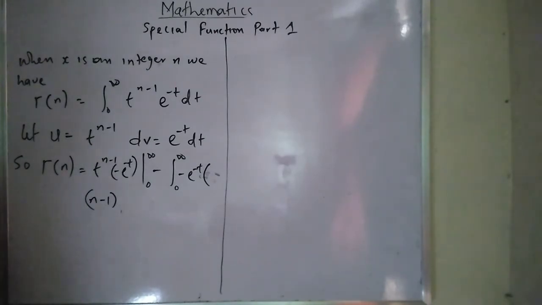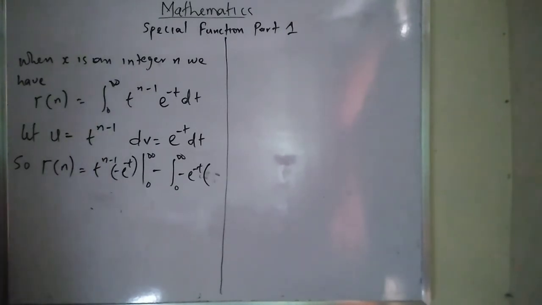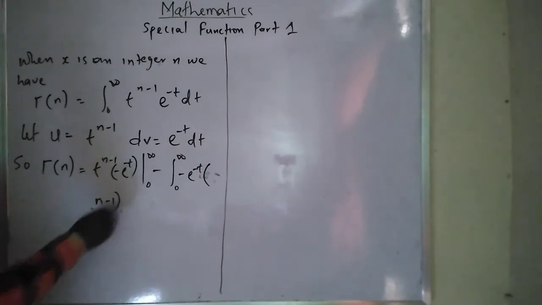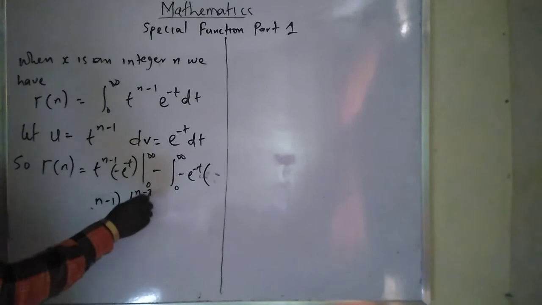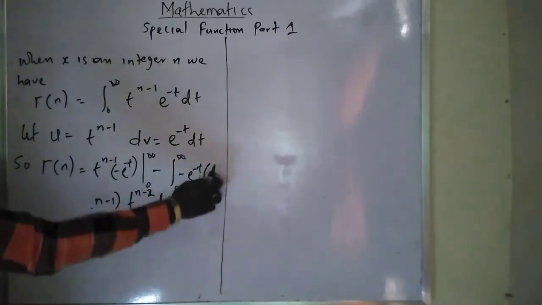Let me not put n minus 1 yet, let me just do the integral first. I'll be having n minus 1, close the bracket, and t raised to power n minus 2 dt. Now the bracket closes here.